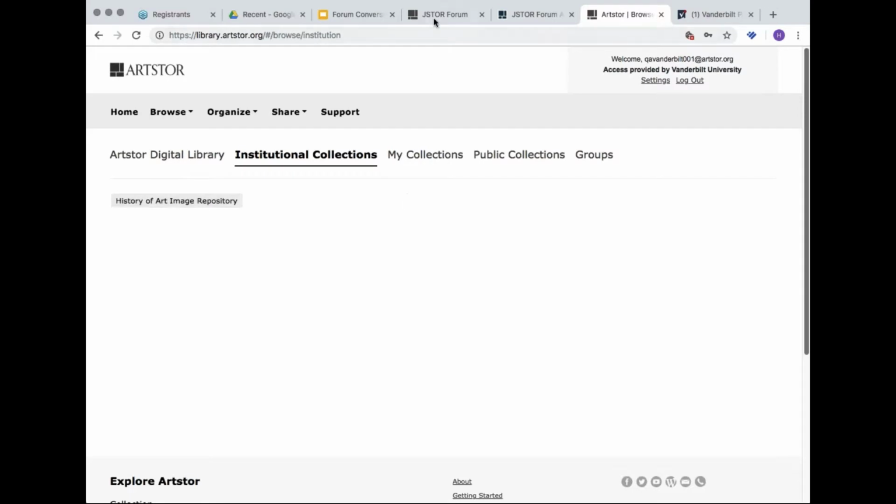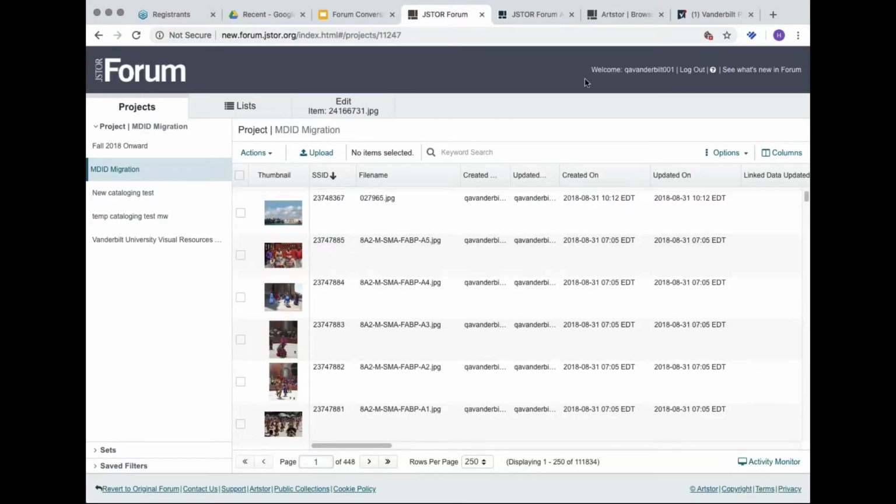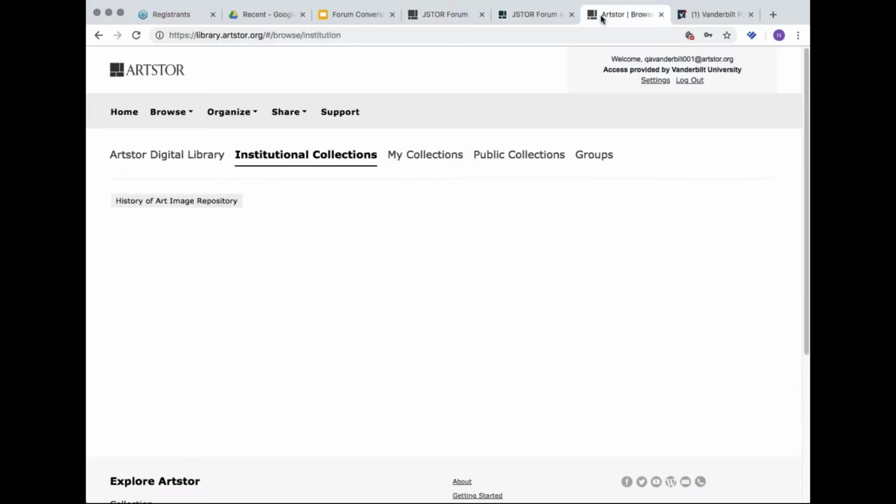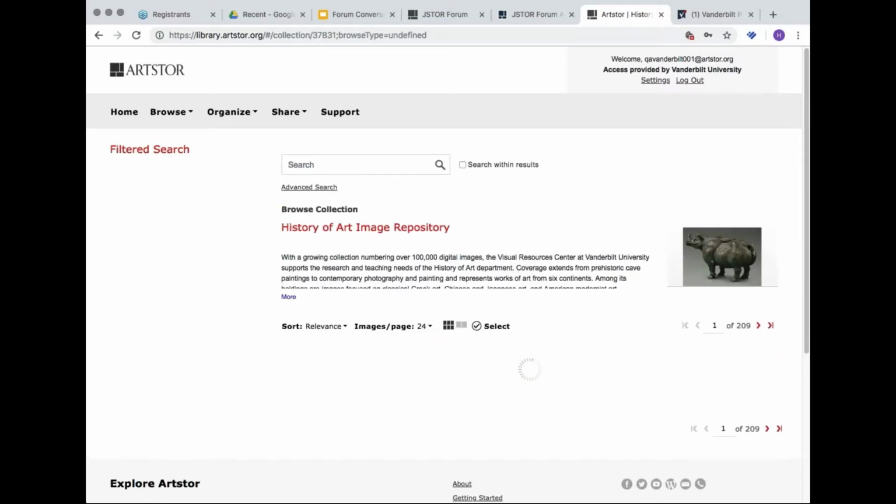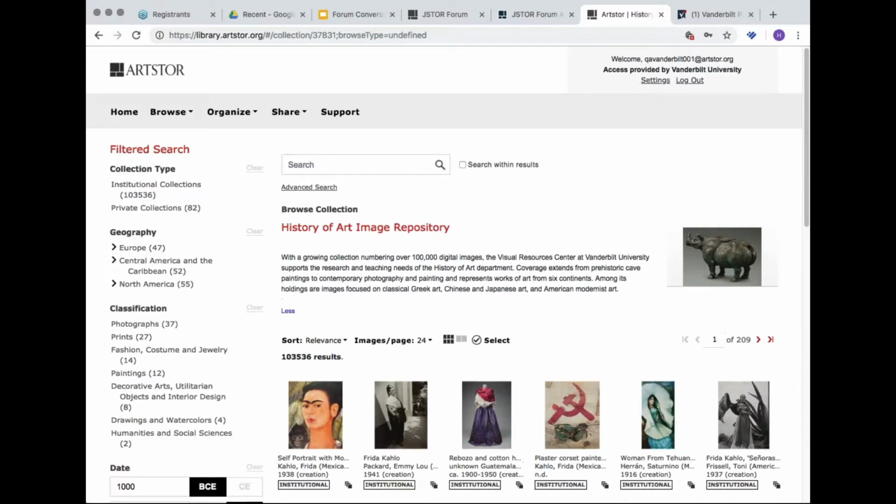Within Forum, you can designate different collection targets that are accessible by different ranges of users, and this one is limited to your institutional audience, which allows you to pretty safely stay within the bounds of fair use because it's all for teaching and research.